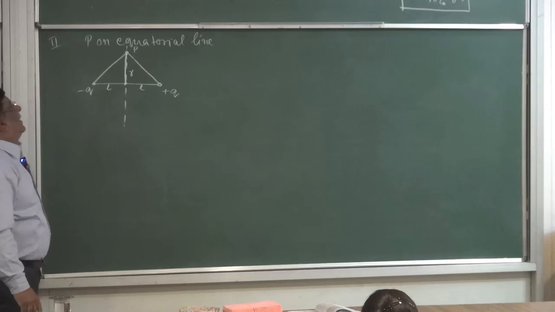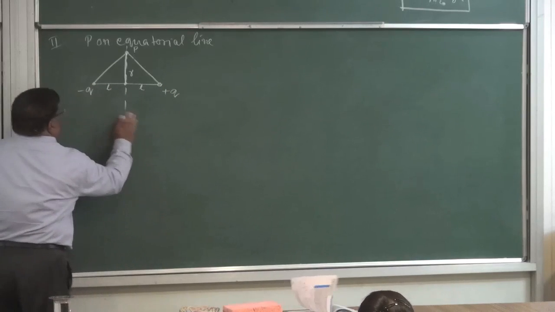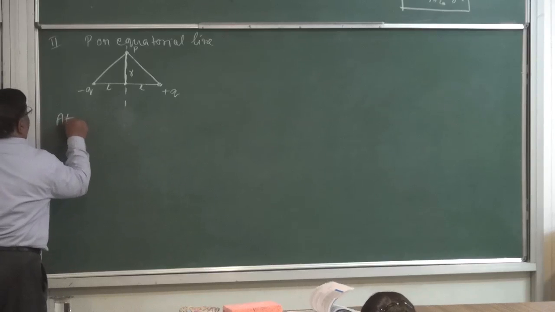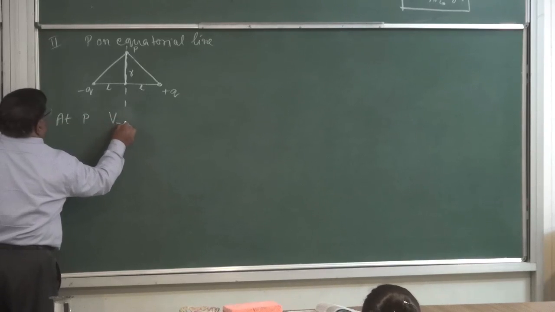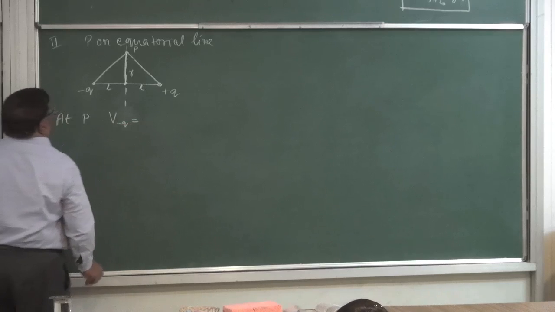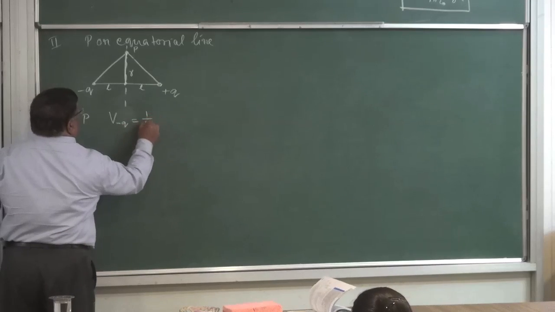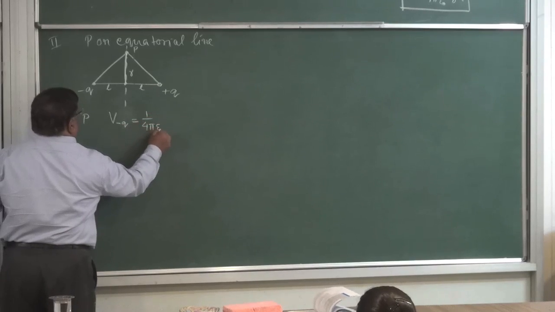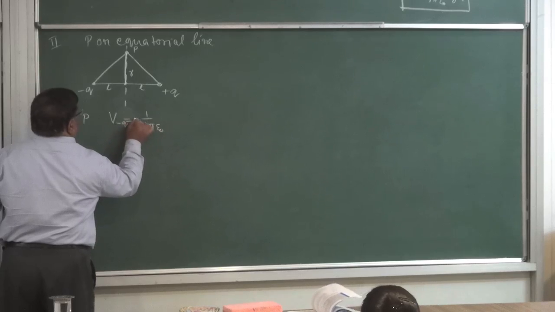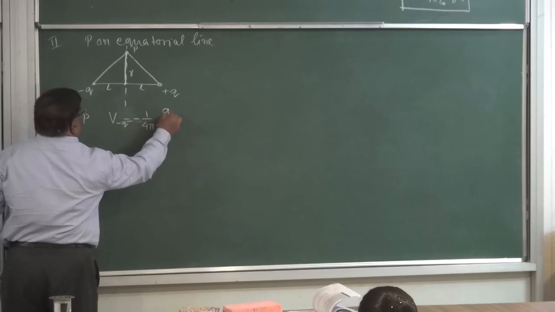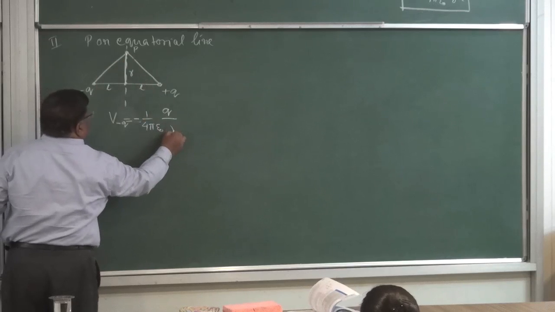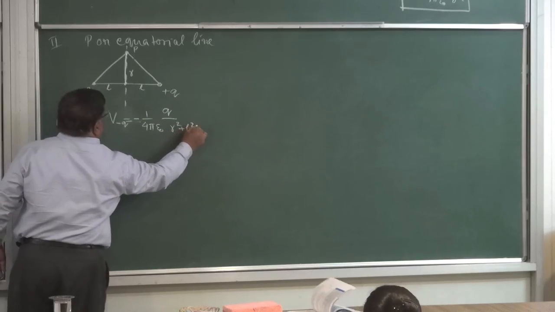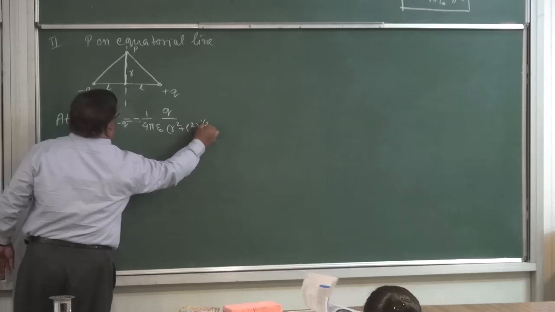Okay. Now, at P, V due to minus Q is equal to 1 upon 4 pi epsilon naught, negative, minus Q upon this distance, r square plus L square to the power half.